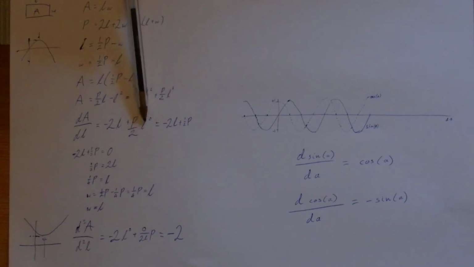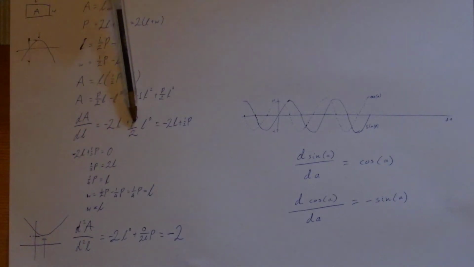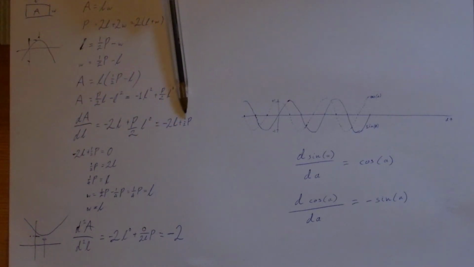That minus 1 is 0, L to the 0 is 1, so p over 2 L to the 0 is just p over 2, or half p. Minus 2L plus a half p.